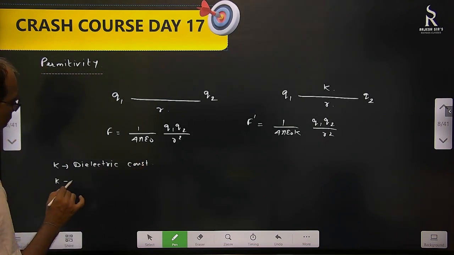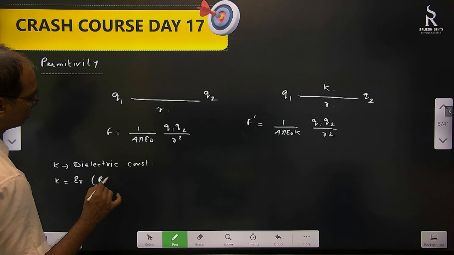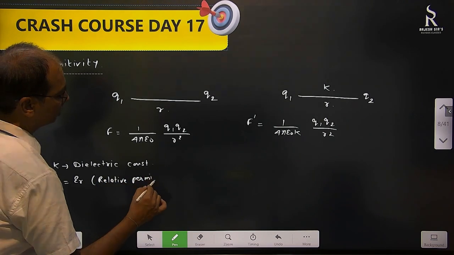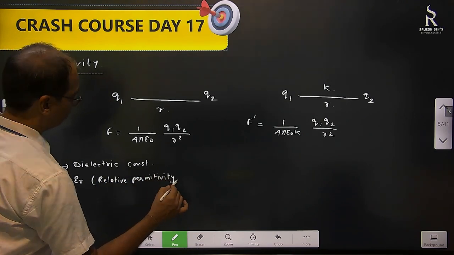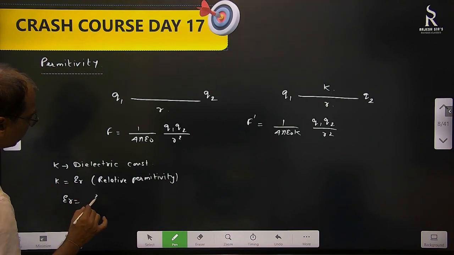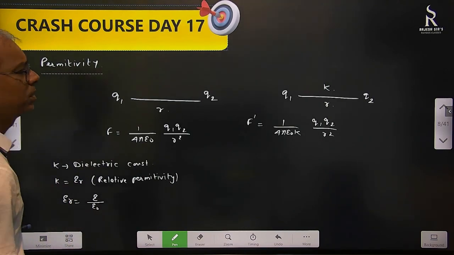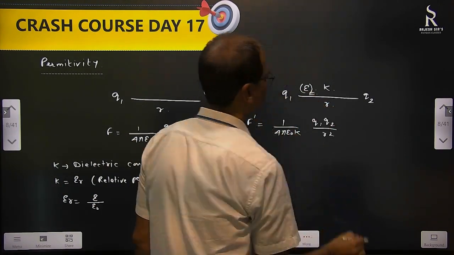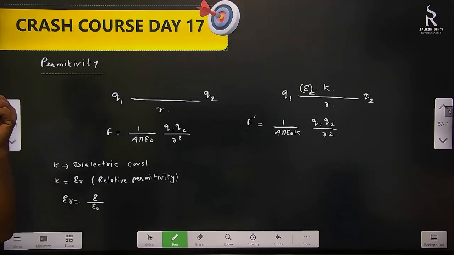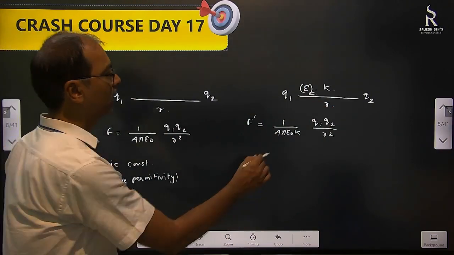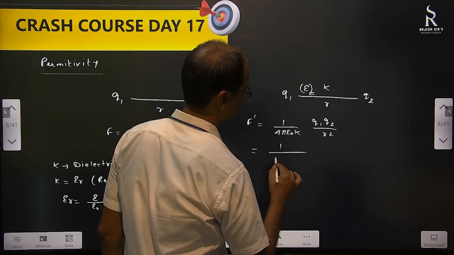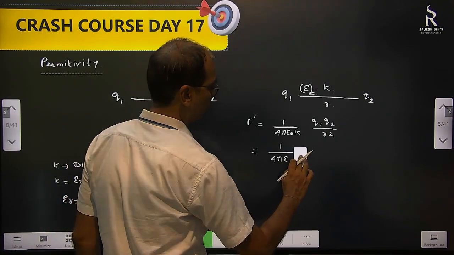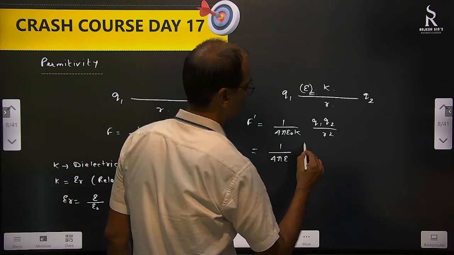K is also equal to relative permittivity, epsilon R. Relative permittivity is actually epsilon by epsilon naught, where epsilon is the permittivity of the medium. So that means I can write this as 1 by 4 pi epsilon Q1 Q2 by R square.